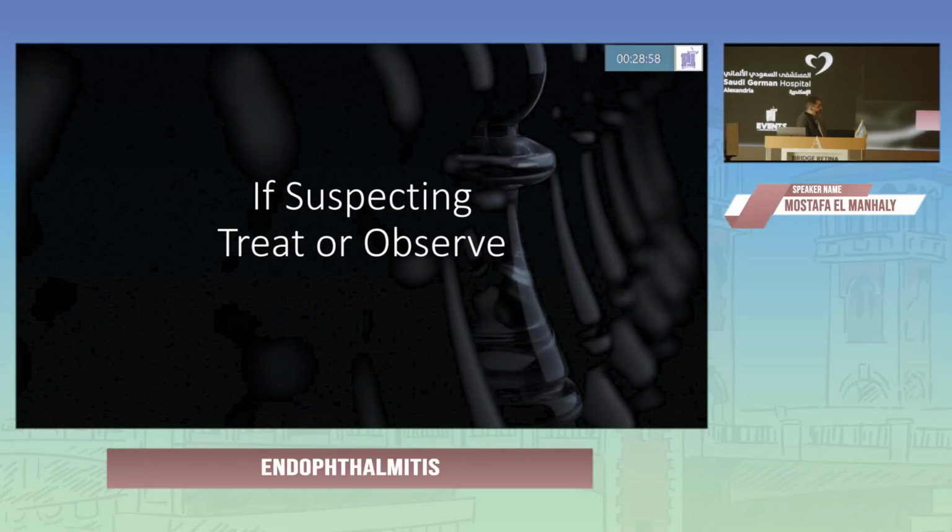If it is endophthalmitis, I will go for intervention. So you will start by observation, under intensive treatment. And if there is progression, you will treat as endophthalmitis. Sure. If there is improvement, so the condition is not your first option, you will observe. Yes, it's just a suspicion.